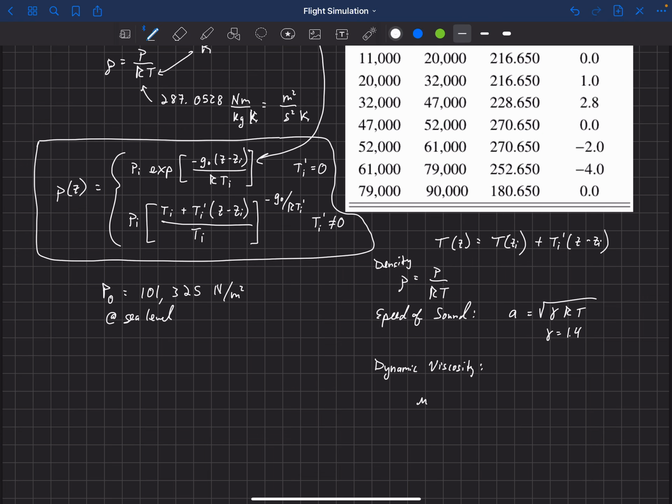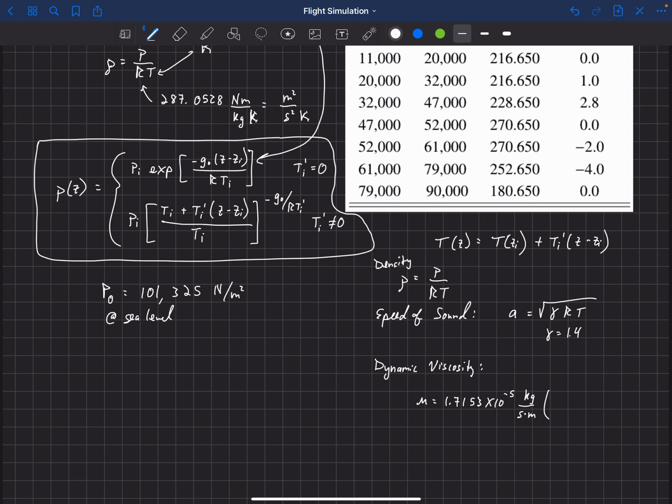So this is mu equals 1.7153 times 10 to the minus 5, and that's in units kilogram per second times meters.